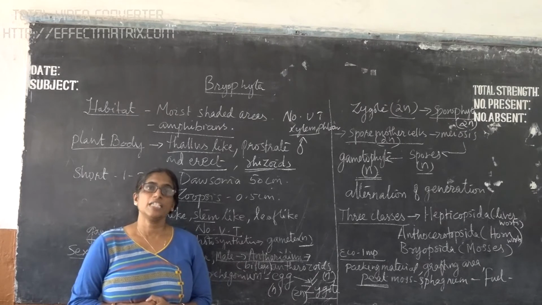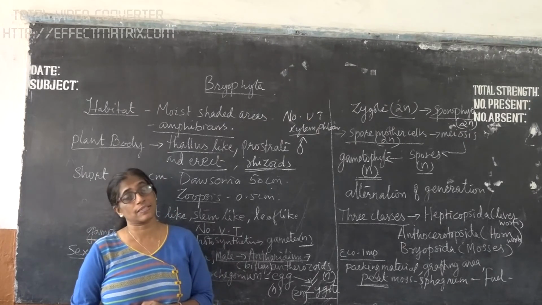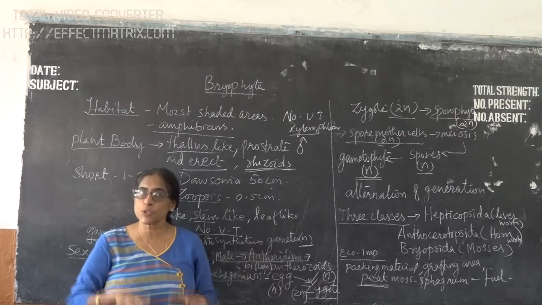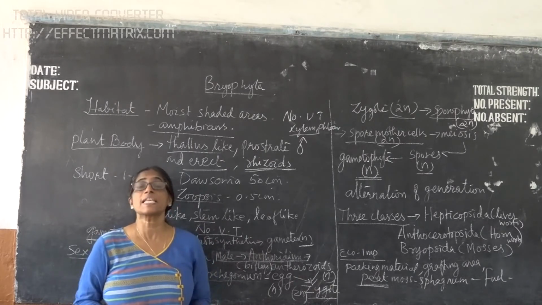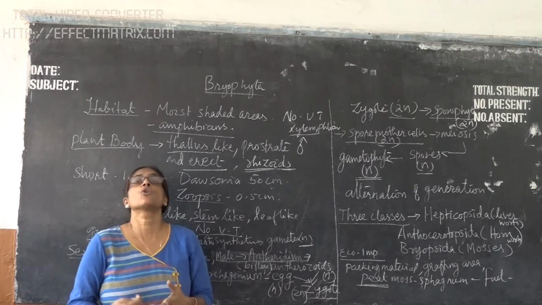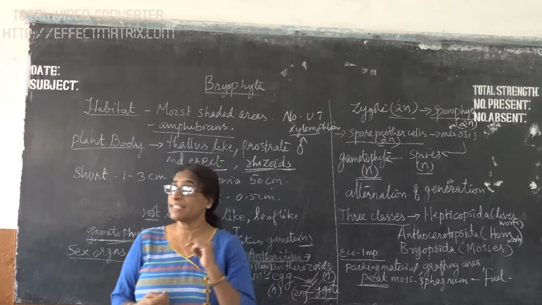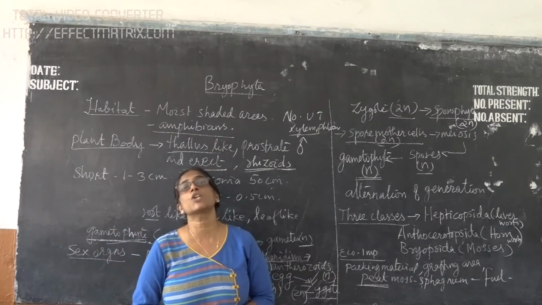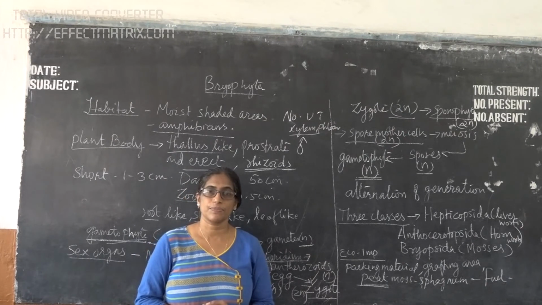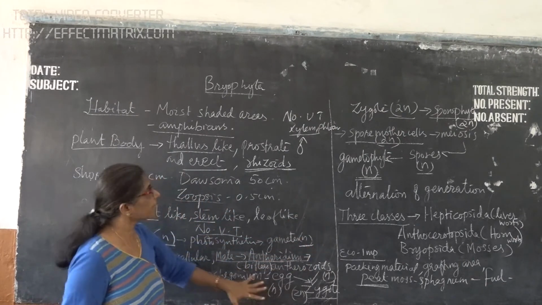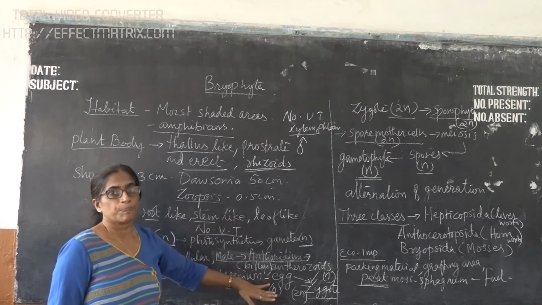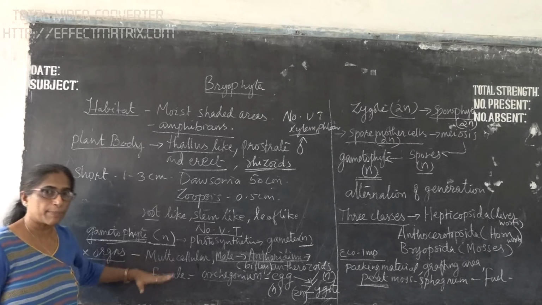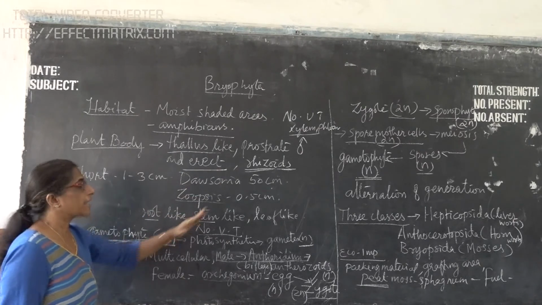It colonizes on rocks along with the lichens and causes the breakdown of rocks, and it provides soil for the growth of higher plants. So this group Bryophyta plays an important role in ecological succession. These are the main points about the Bryophyta: the habitat, plant body, the gametophytic and sporophytic stages, and the economic importance.